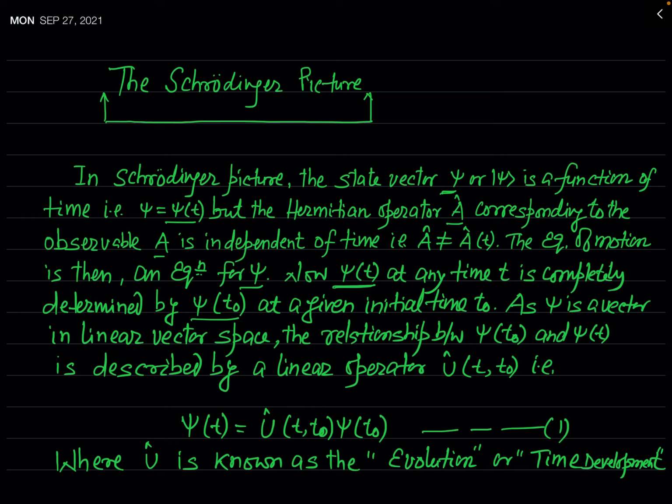Since it is a vector of a linear vector space, the relationship between the initial state vector psi of t naught and the state vector at any time t, psi of t, must be described by a linear operator. That linear operator, which you have studied in the mathematical formulation of quantum mechanics earlier, is denoted by the symbol U hat of t comma t naught.